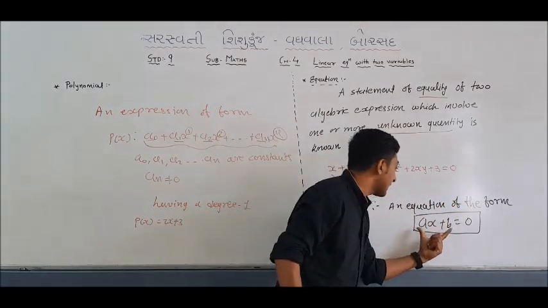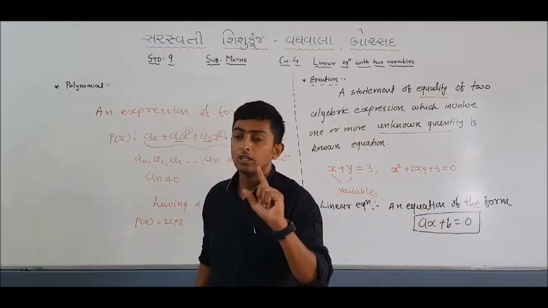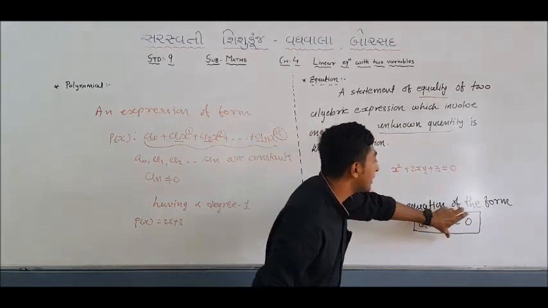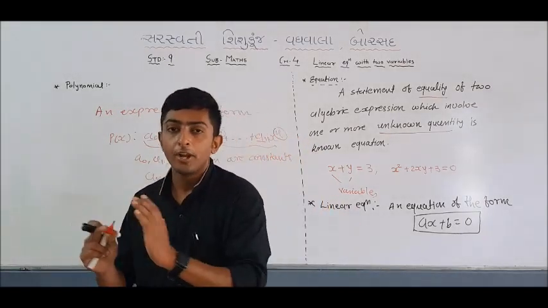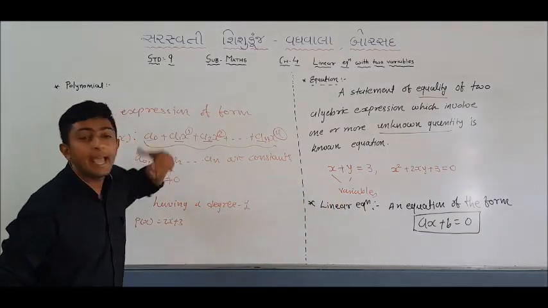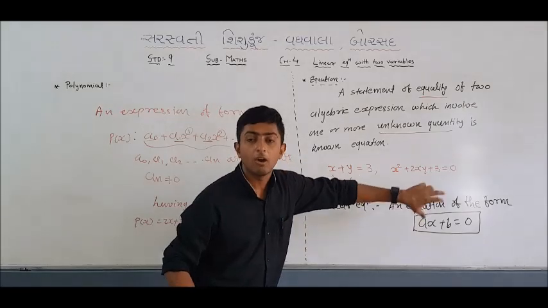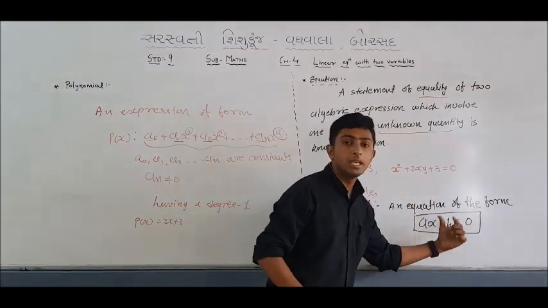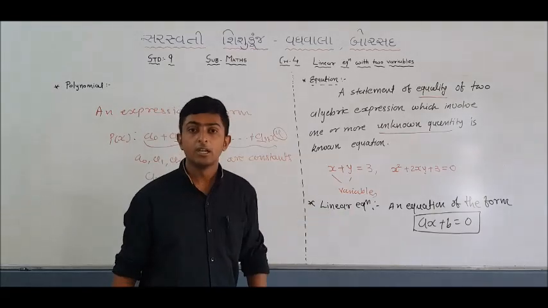So ax + b = 0, where x has power 1, is called a linear equation. Friends, linear equation and linear polynomial are similar, but in a polynomial we have an expression, and in a linear equation we have an equation of the form ax + b = 0.